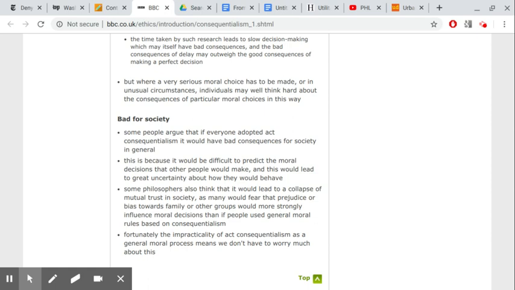What is the utilitarian saying? Whatever you do, make sure that the results of your action have the most positive impact on human welfare in general.